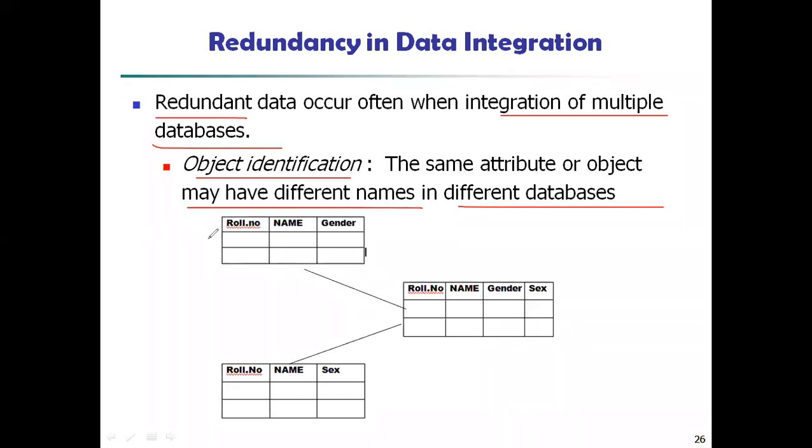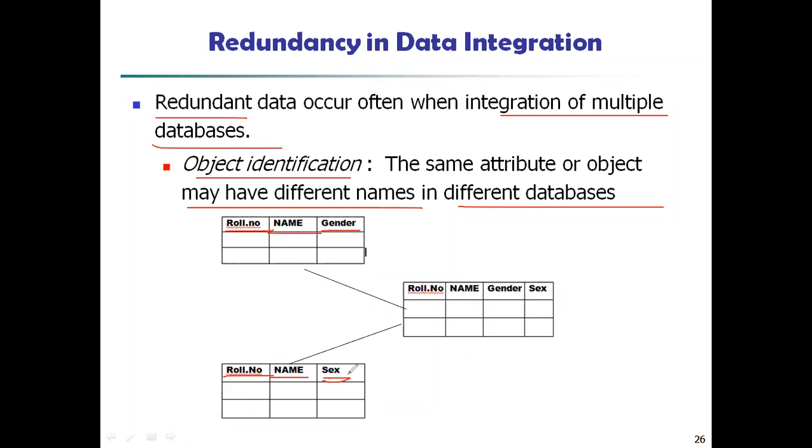For example, here we have two tables. Table 1 has three fields: roll number, name, and gender. If you observe table 2, it has roll number, name, and sex.